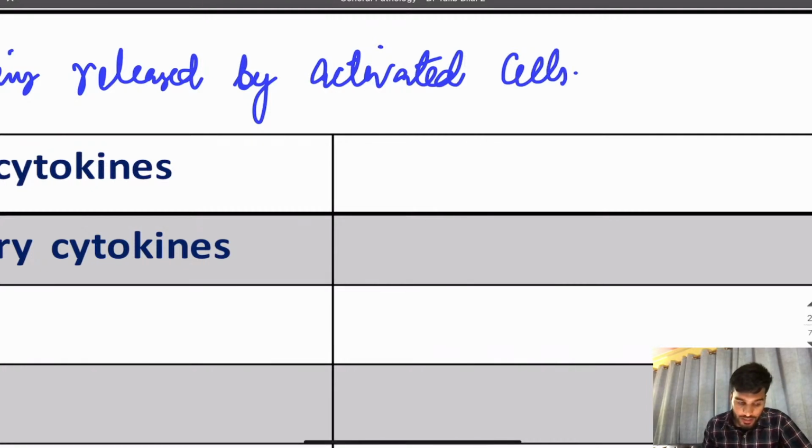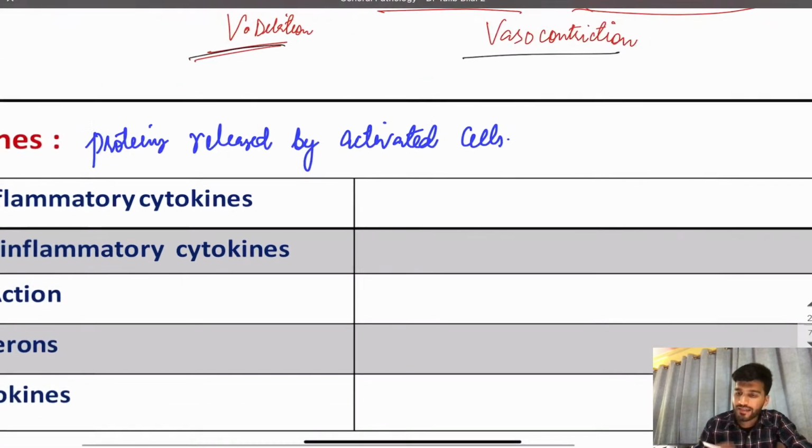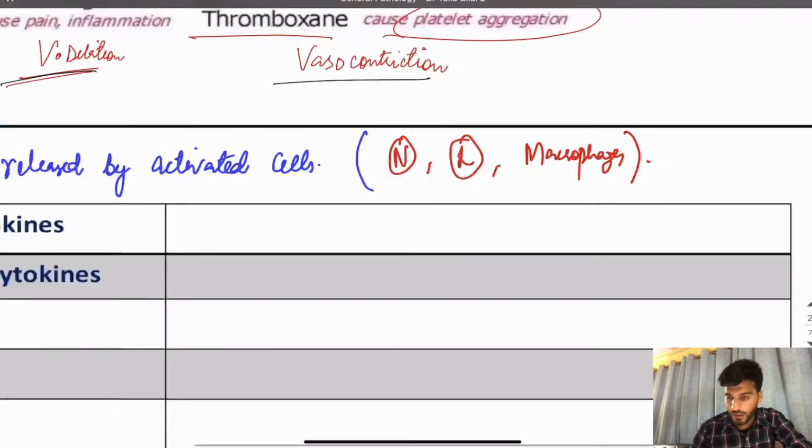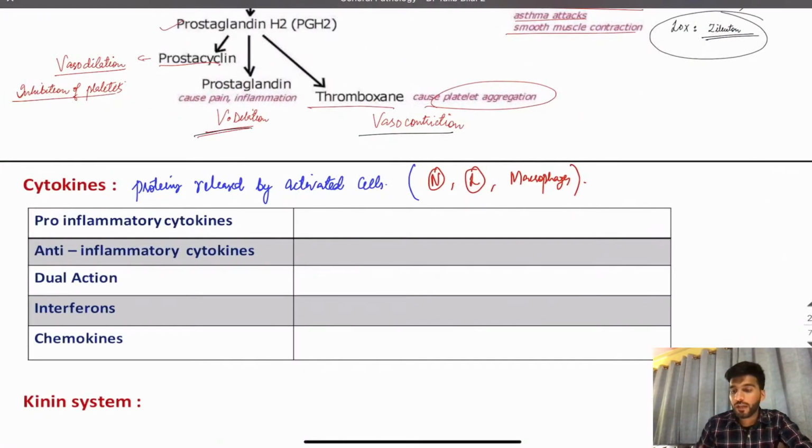What are these activated cells? These can be neutrophils, lymphocytes, macrophages. Okay, now pro-inflammatory cytokines.